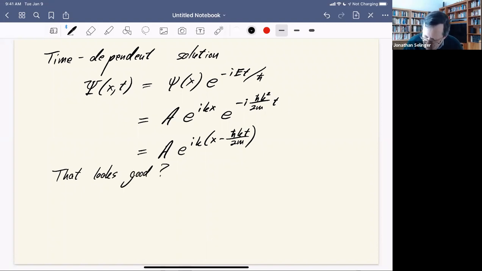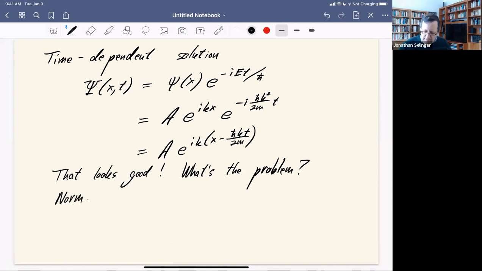That looks good. Does that look good? That looks good, exclamation point. What's the problem? The problem is for normalization. So suppose we try to normalize it. Okay, so we'll take the complex conjugate.